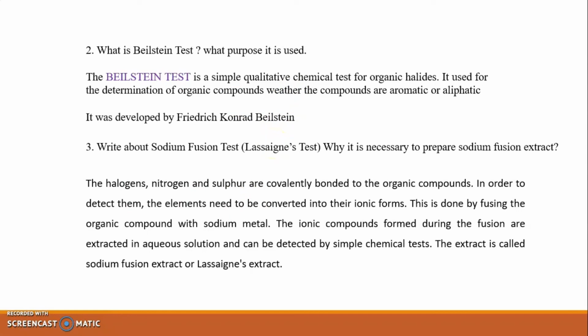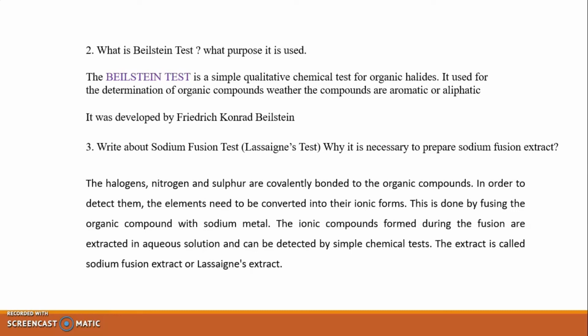Third question: write about sodium fusion extract, which is also called Lassaigne's test, and why it is necessary to prepare this sodium fusion extract. Elements like halogens, nitrogen, sulfur are covalently bonded in organic compounds. In order to detect these elements, we need to convert them into ionic form.